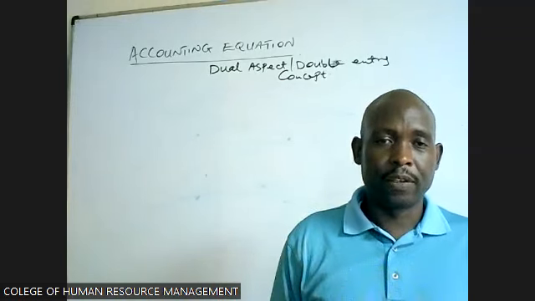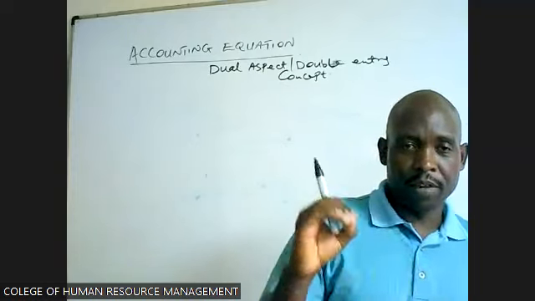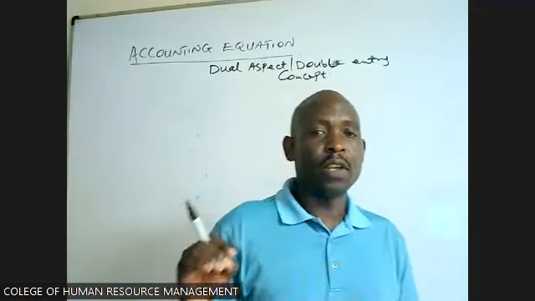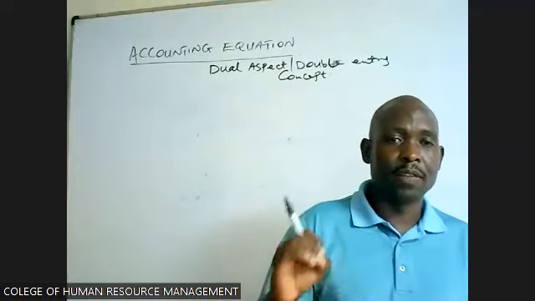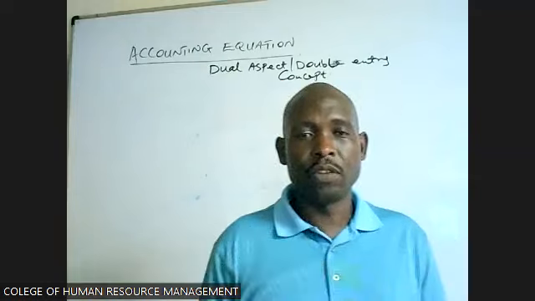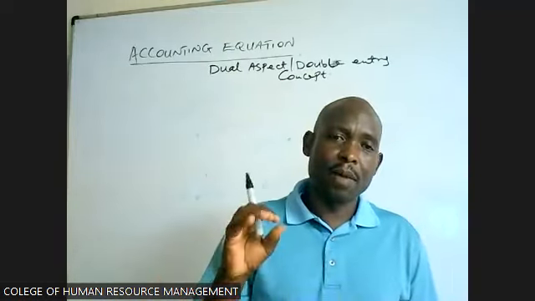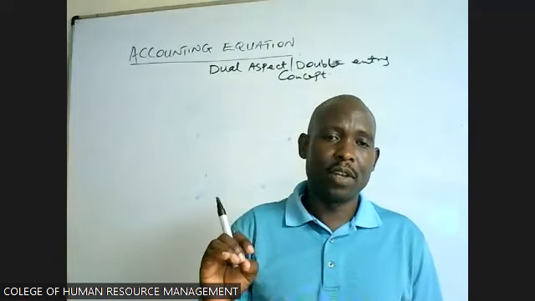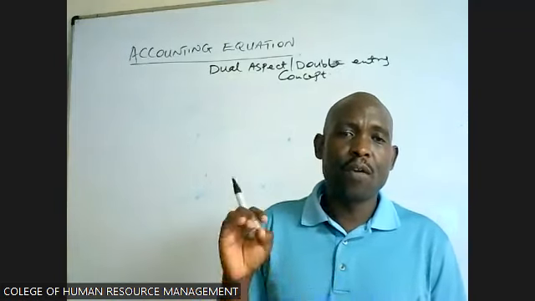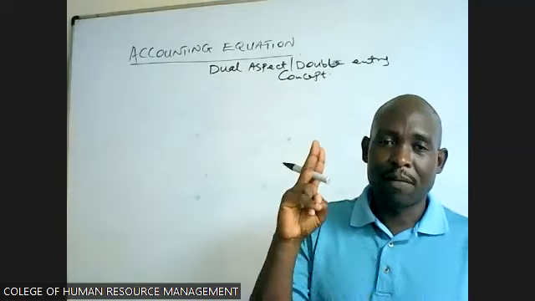But as we start, have it in your mind that a business transaction is an activity in the business that involves money. Either it is buying goods, selling goods, paying a supplier, all that. So long as there is money involved, we call it a business transaction. In any of those business transactions, we must have two accounts that are affected.